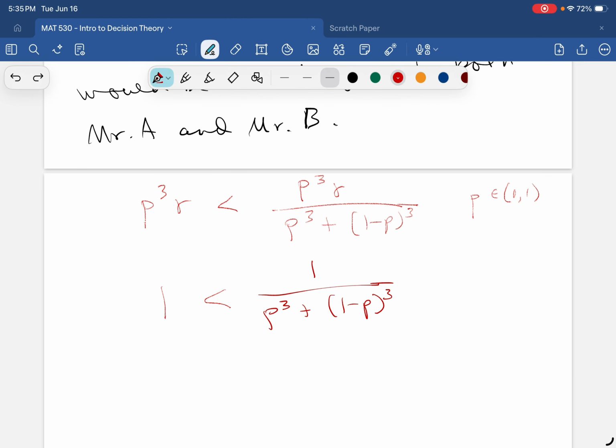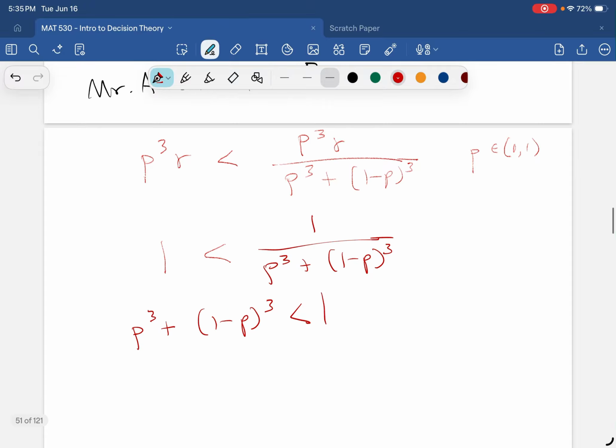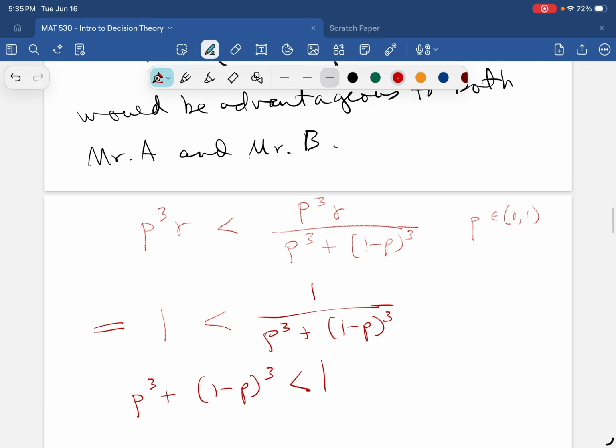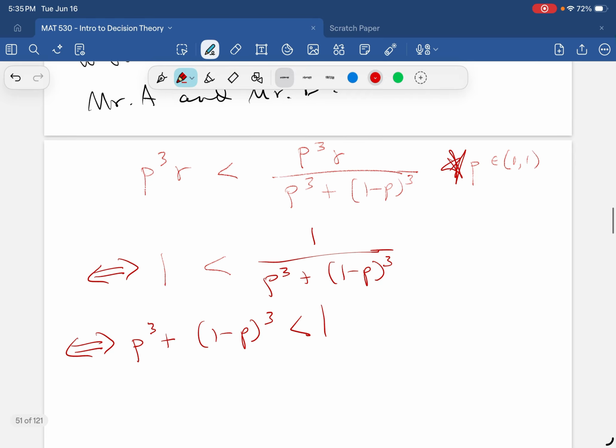Multiply both sides by that denominator, and that gives the condition that P to the 3rd plus 1 minus P to the 3rd must be less than 1. So all of these are equivalent. Again, under this condition, P must be an element of 0 to 1.